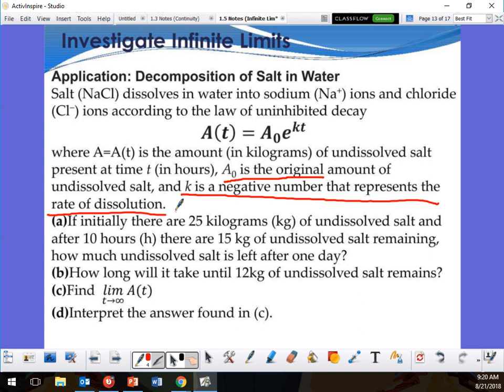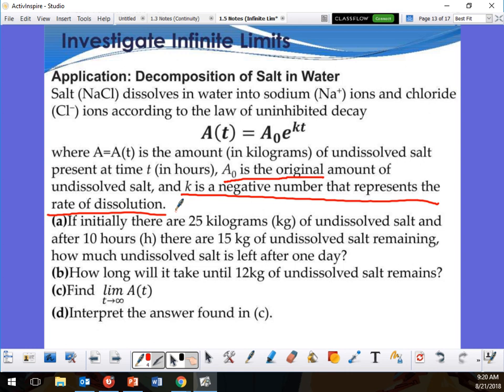A of t is the amount in kilograms of undissolved salt present at time t hours. So that basically took care of everything. If initially there are 25 kilograms, what does that represent? A sub naught, your initial amount.